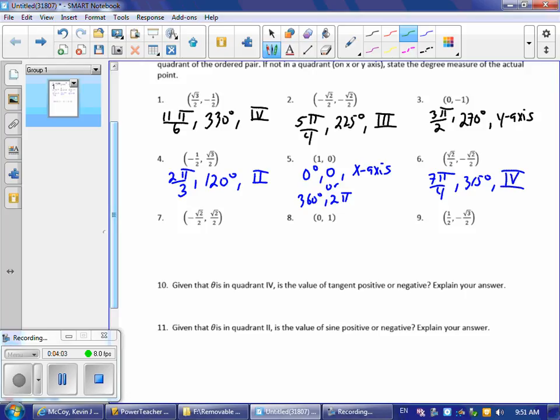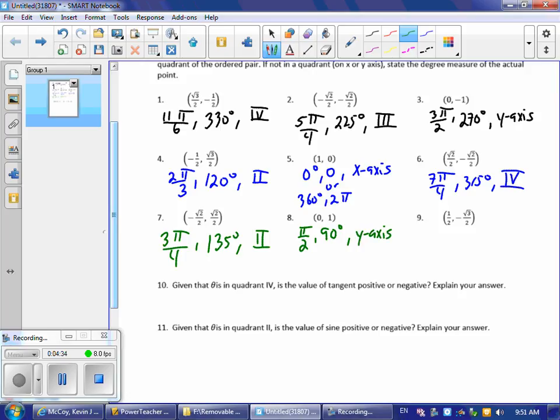So that's going to be in the second quadrant. So that's going to be 3 pi over 4, and in second quadrant, that's going to be 135 degrees. And that's quadrant 2. 0, 1 is straight up on the y-axis. So that's going to be pi halves, or 90 degrees. And again, that's on the y-axis.